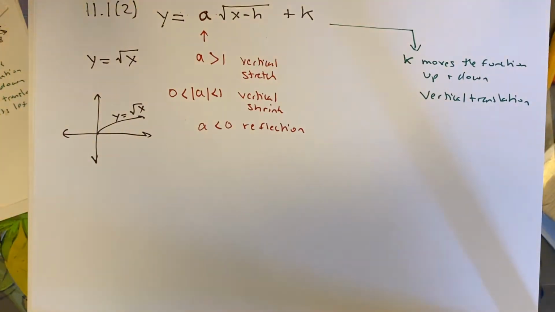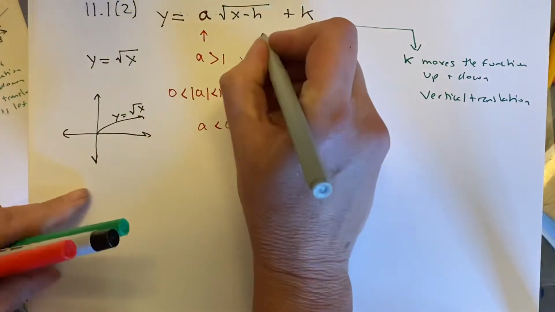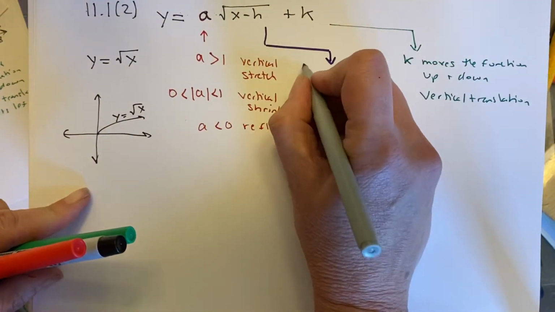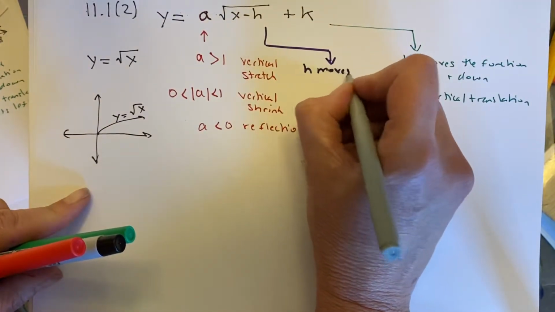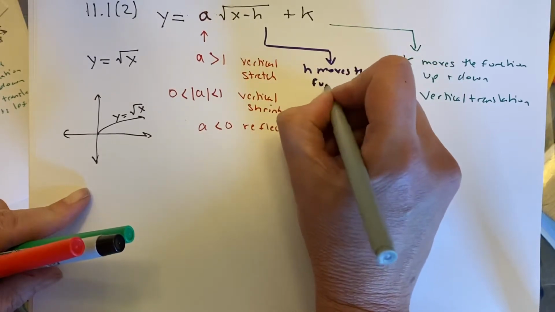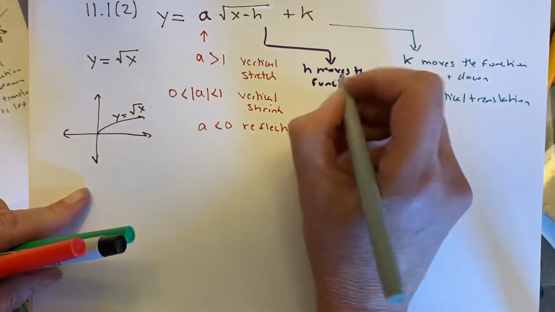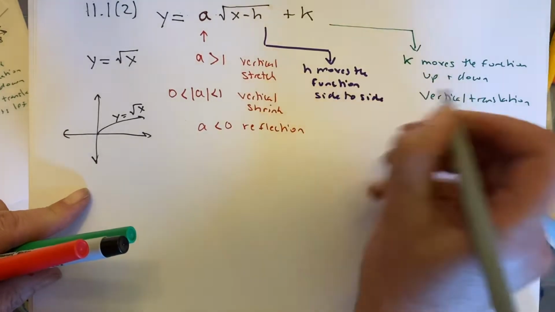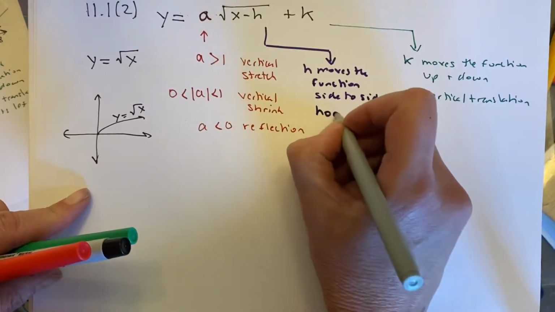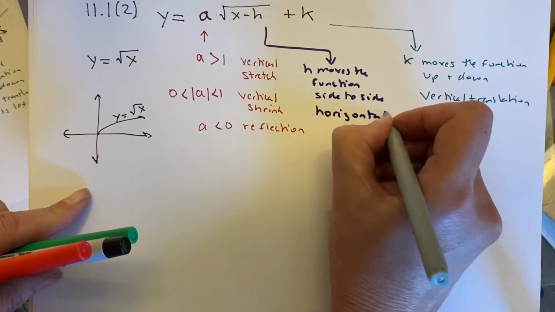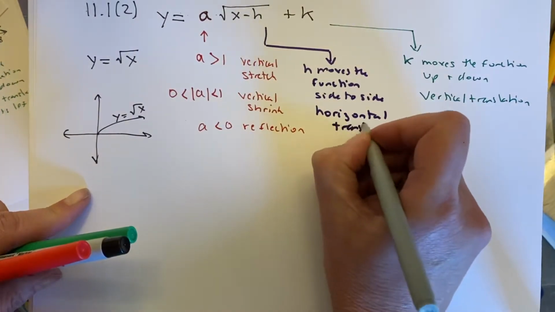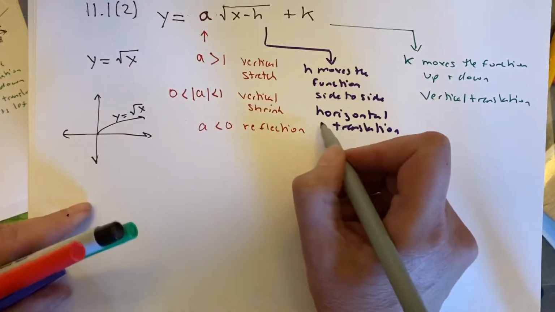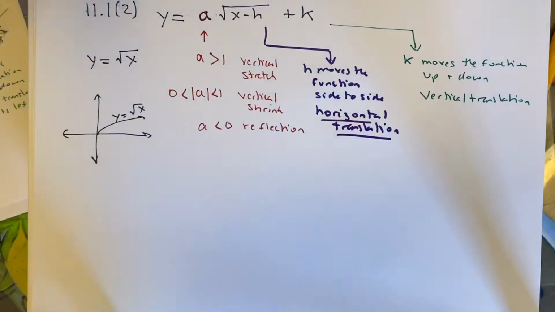And last, we looked at H. And H moves the function side to side, what we call a horizontal translation. So these are the main terms when we're comparing it to the parent function.